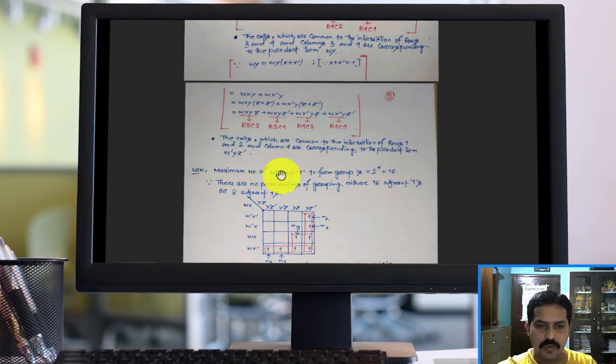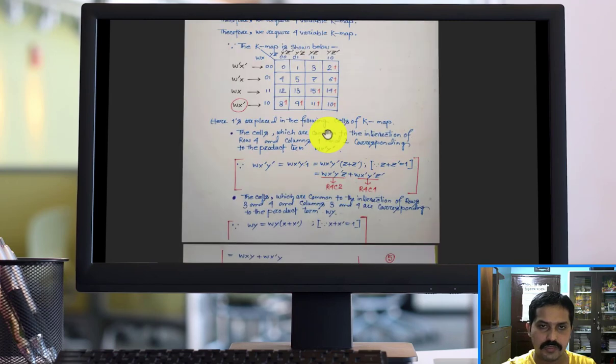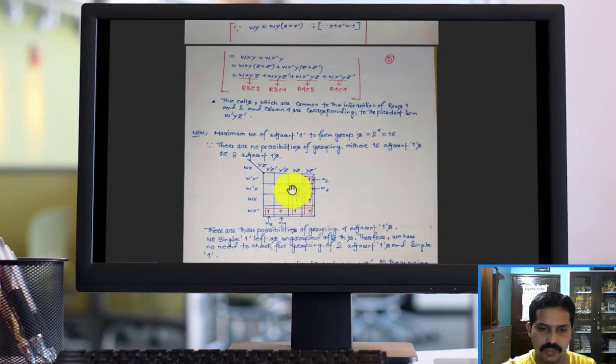Now the maximum number of adjacent ones to form a group is 2 to the power 4, equals 16. Okay, means we can make groups having maximum 16 ones. But see the table, there doesn't exist any group having 16 ones. In fact, there doesn't exist any group having 8 ones. So we come from maximum to minimum, means 2 to the power n, then 2 to the power n minus 1, then 2 to the power n minus 2, and so on down to 2 to the power 0.